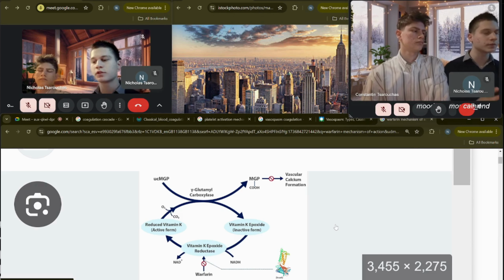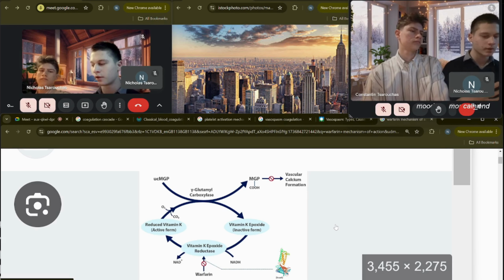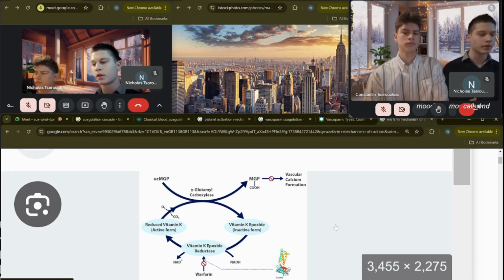This is important for warfarin because it has very slow onset and offset, literally stopping at the post-translational level, the Golgi, of the polypeptide formation of your clotting factors.